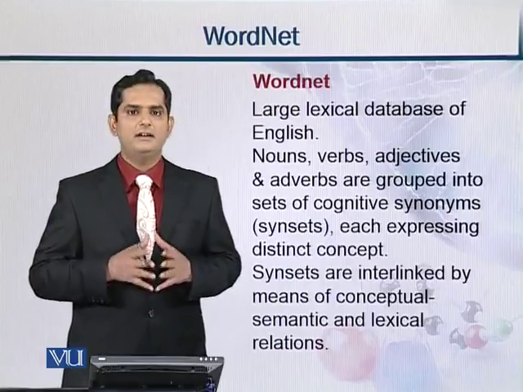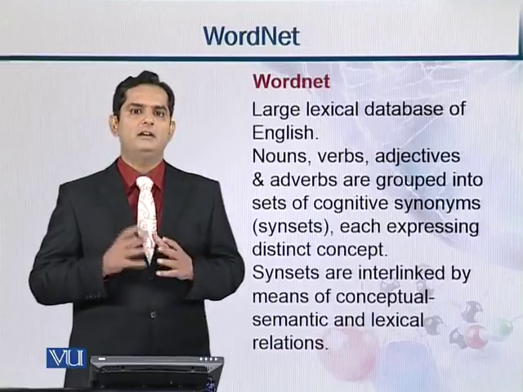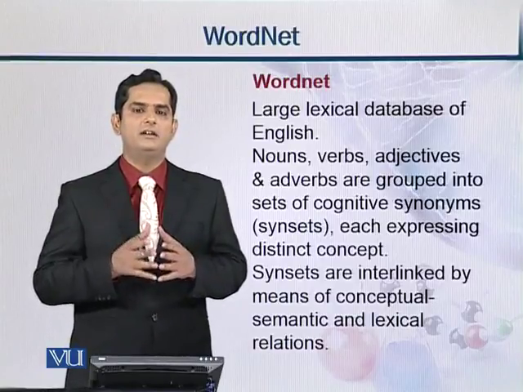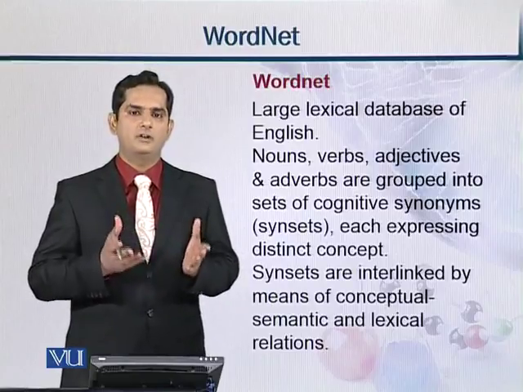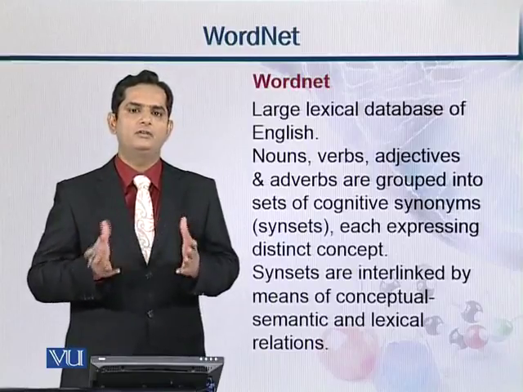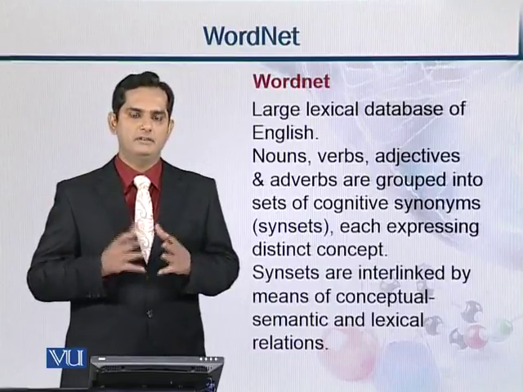These synsets are interlinked with each other with the help of semantic relationships. So how are they semantically related to each other? For example, if I say that cow and human are interrelated, then how are they interrelated? They are interrelated because both of them are mammals.